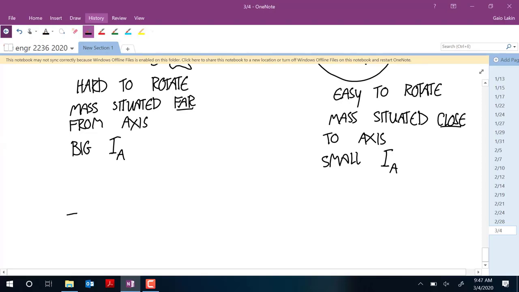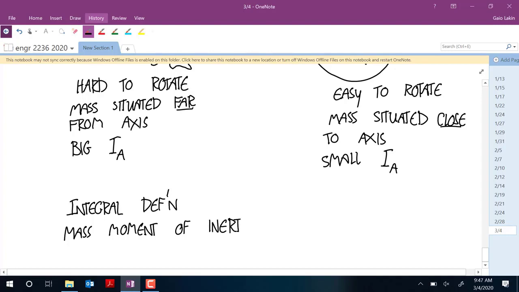So the integral definition for the mass moment of inertia about a point. We're only doing this in 2D, so when I say a point, that would be an axis in 3D.